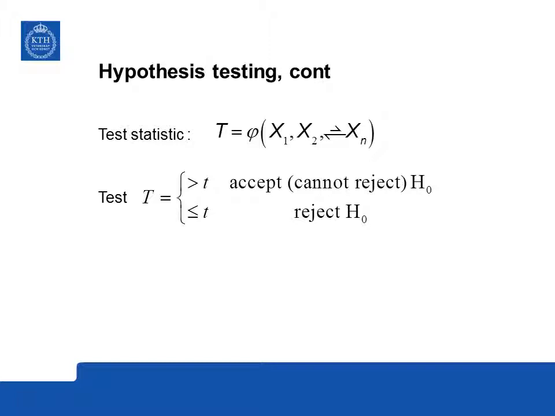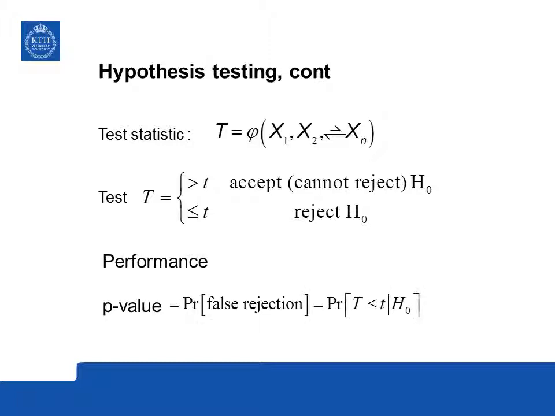And then we compare capital T to a threshold, or we determine if capital T is in a certain range of values. In this particular example, we compare capital T to threshold t, small t, and if capital T is larger than small t, we cannot reject the hypothesis, but if it's smaller than small t, we reject the hypothesis.